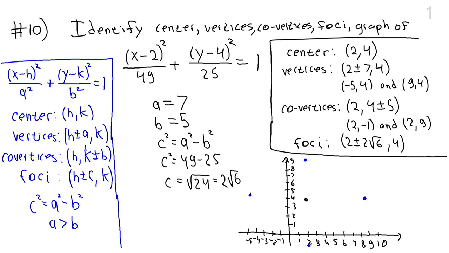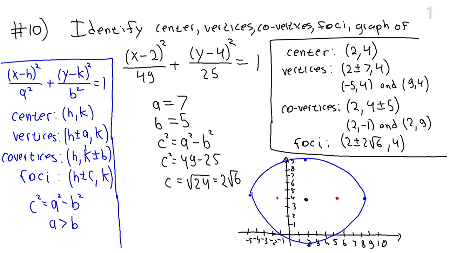And now we really have the general idea of what our ellipse is going to look like. And we can approximately plot the foci. The foci are going to be approximately somewhere here. Okay, and this is a good graph of our ellipse, and we got that from all the information: center, vertices, co-vertices.